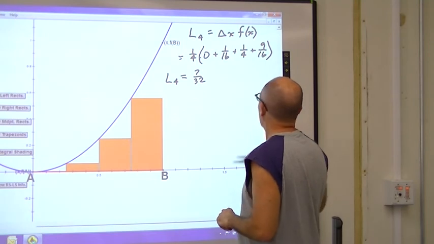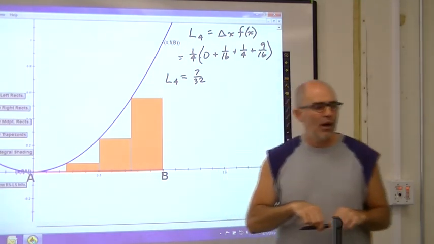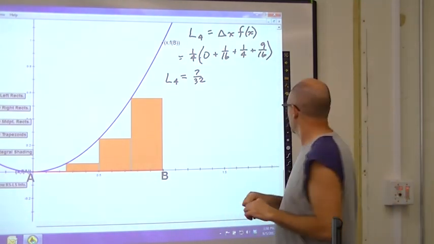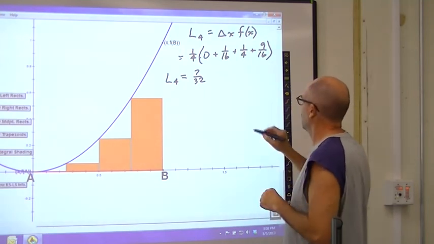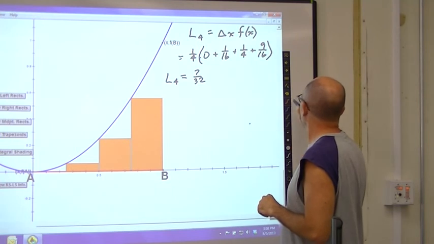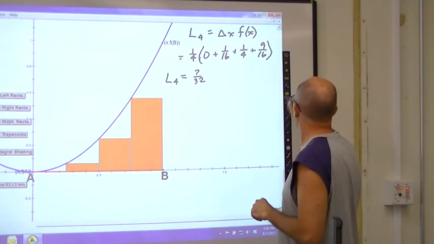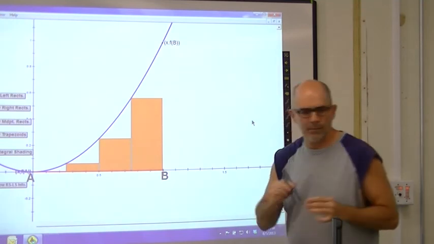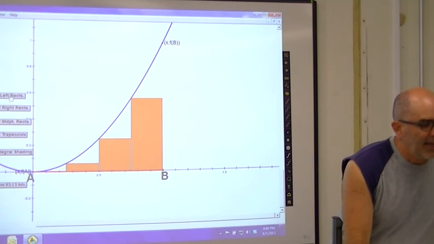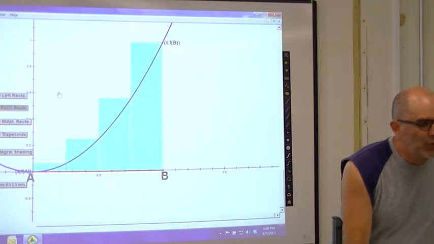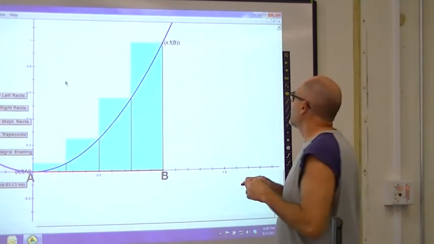Now, what if we do R sub 4? So we get rid of the left-handed rectangles and put in the right. Now what's our area going to be?